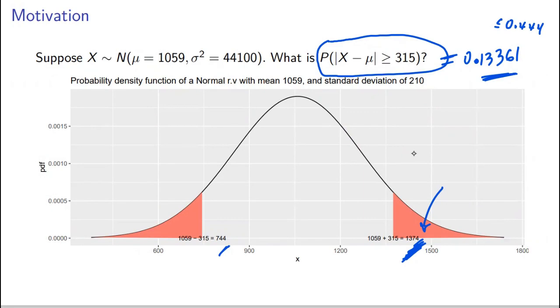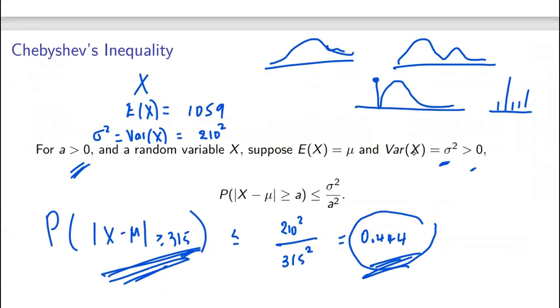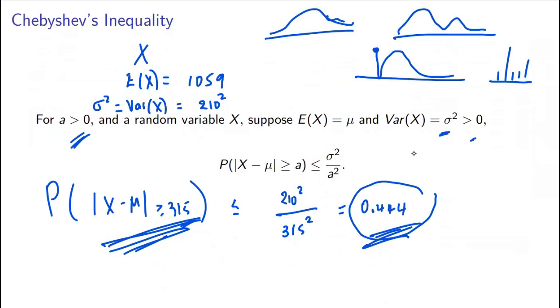For the reason that Chebyshev's inequality needs to be true for any distribution, as I said, unimodal, continuous, bimodal, trimodal, multimodal, or a mixture of discrete and continuous, or just discrete, or any sort of distribution. Since it needs to be true for all of these scenarios, the upper bound tends to be conservative.